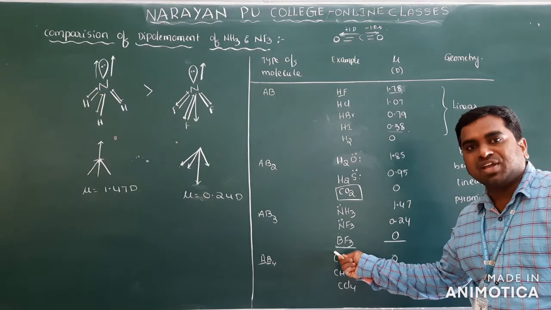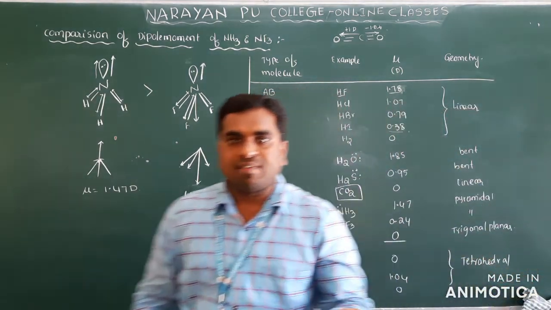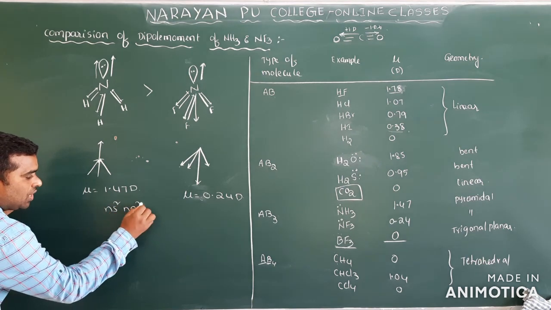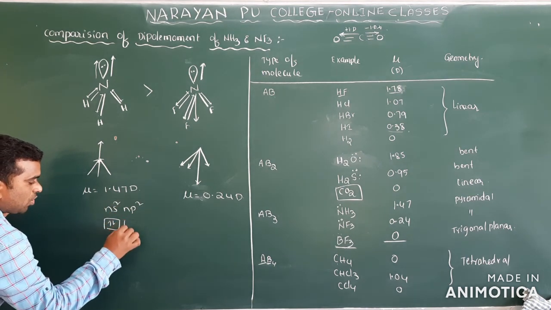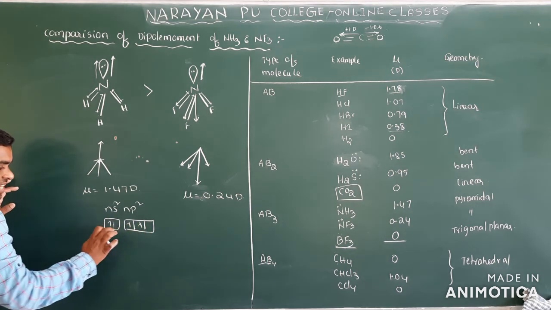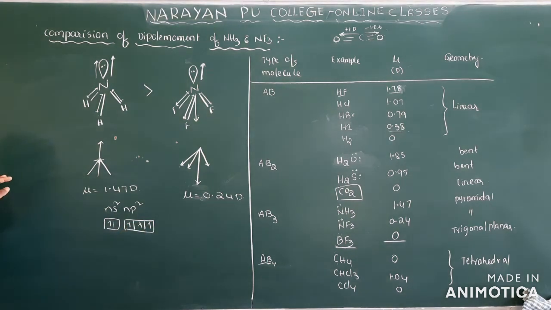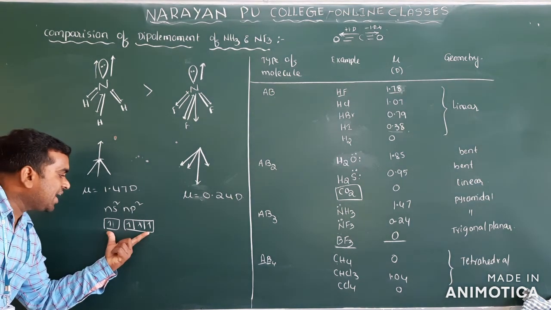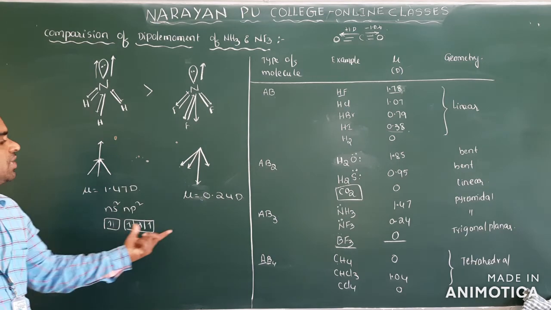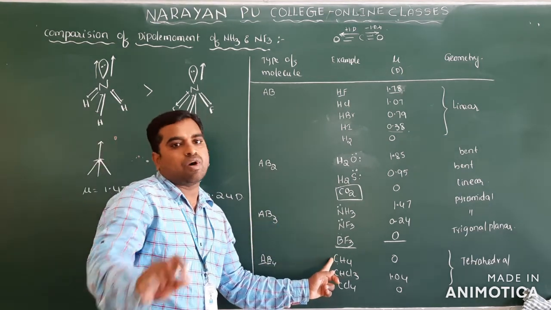Does CH4 carbon have any lone pair? No, carbon doesn't have any lone pair. Why? Because what is the carbon electronic configuration? 2s2, 2p2. Here how many electrons? 2 electrons are there. And here how many electrons are there? 2 electrons. But in the first excited state, one of the electrons will move into the p orbital. How many unpaired electrons are there? 4. Is there any lone pair? All 4 are participating in bond formation. So carbon forms 4 bonds.